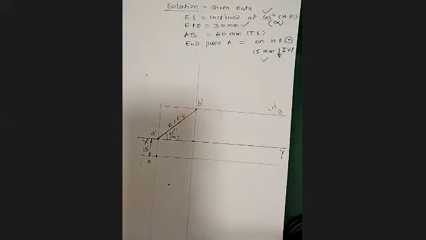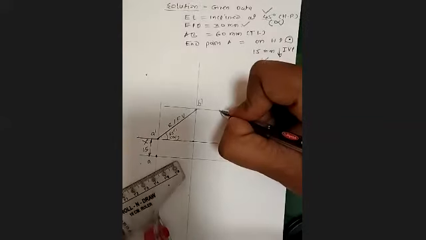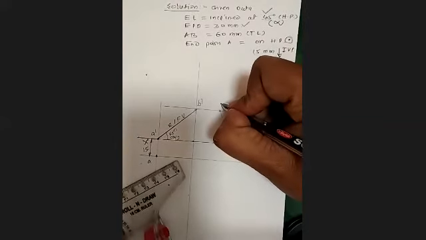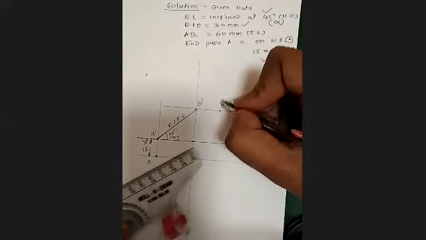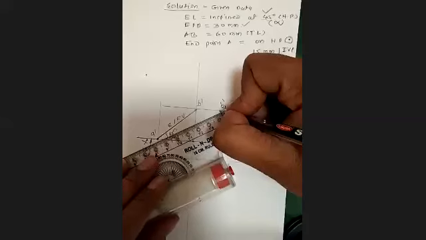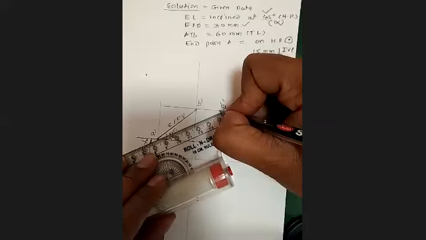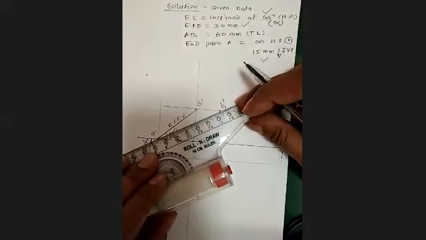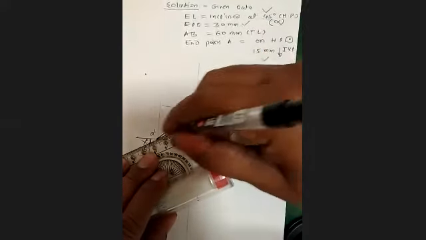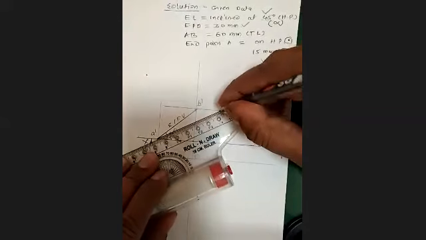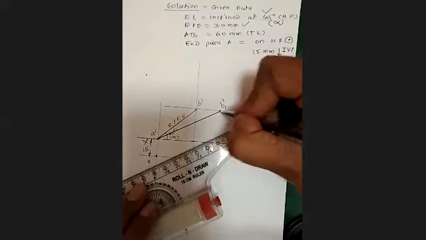then I will join this point. And this point is going to be the point B1 dash. Understood? This point will be the point B1 dash, right?